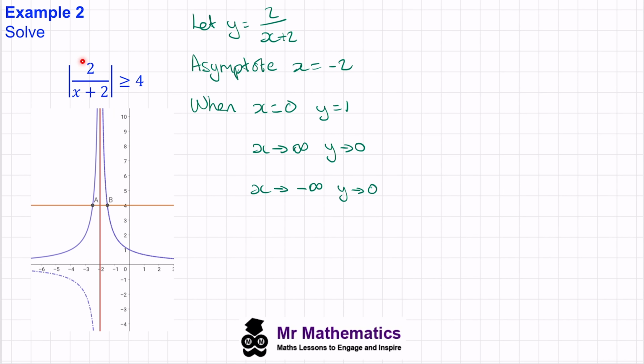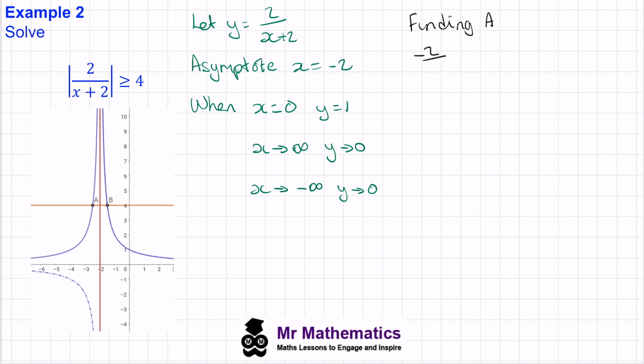So because we're told that the modulus of 2 over x plus 2 is greater than or equal to 4, we're looking at when the purple line is above the orange line. So we're looking at between here to here, and then from this point down to B. So to solve for point A, we need to consider the negative case when this is flipped over to here.